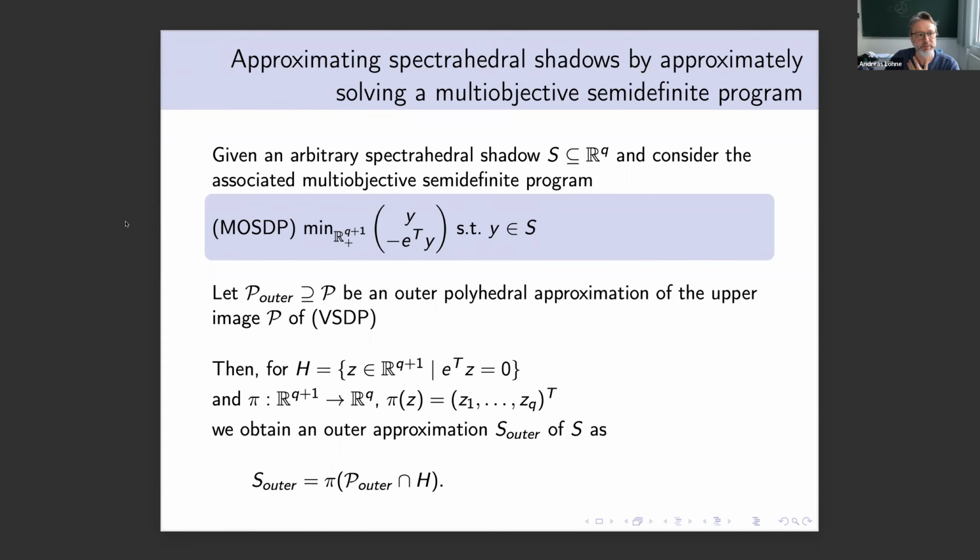We must be careful when we speak about solving a multiple objective program, because there are different concepts in the literature. Some people say solving a multiple objective problem means to compute one efficient solution or one Pareto efficient solution. Others say we want to have all Pareto efficient solutions. And the concept I use here is something in between. We want to know the Pareto frontier in the objective space and corresponding origin points.